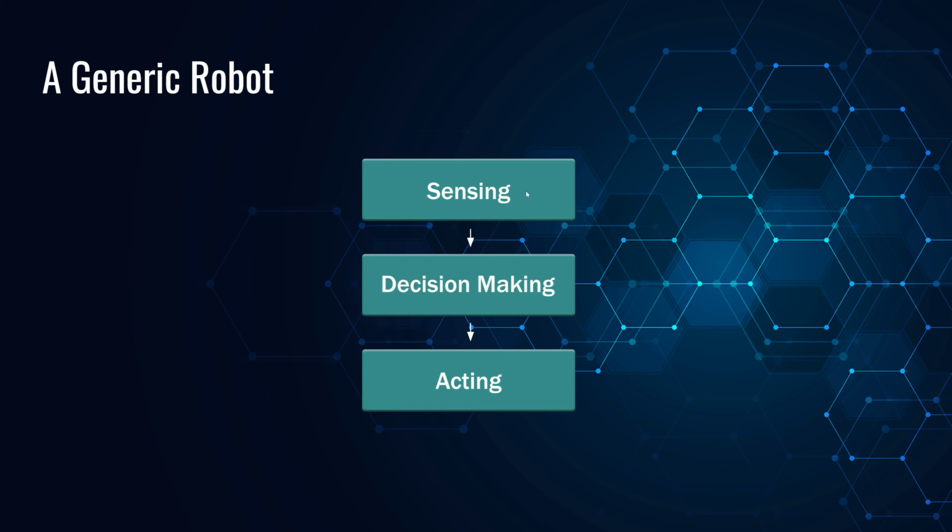Then it has decision making, meaning that it takes what it has gotten in the sensing phase and processes that data in order to make a given decision, and based on the processing it will act upon the final decision. So for example, if we are sensing that we are located 1 meter in the wrong direction, we will make a decision to move 1 meter in the right direction, and in the acting phase we will then activate the motor of, for example, our wheels on the robot to move in that direction.